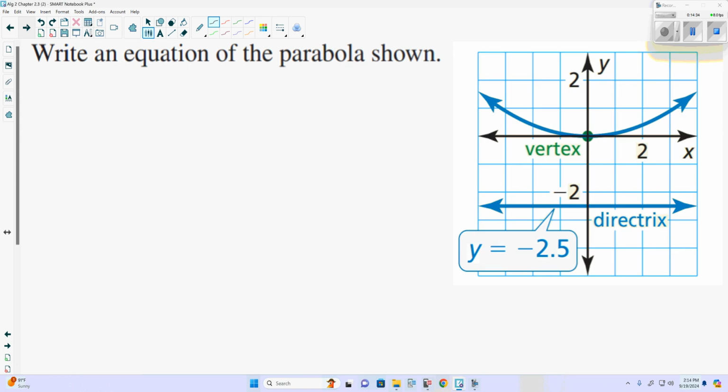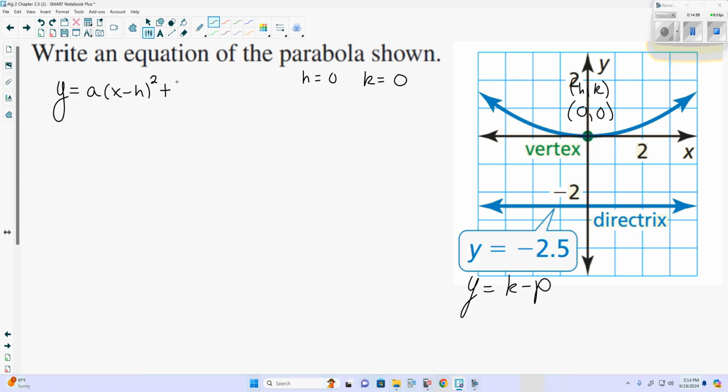Well, vertex is still 0, 0, which means h is 0 and k is 0. Now, they gave us the directrix as y equals, just like the last one. So to find a, we need to find p. And we're able to find p from the directrix.